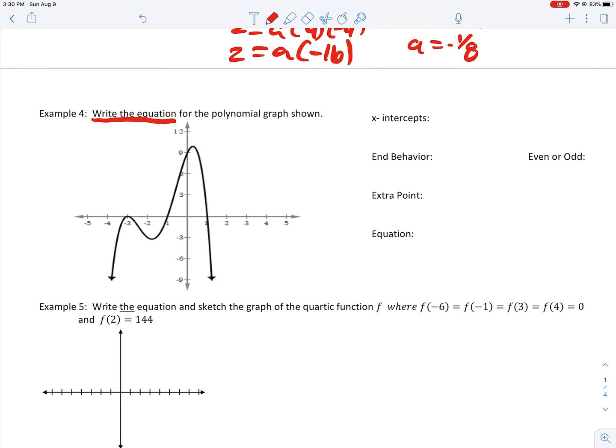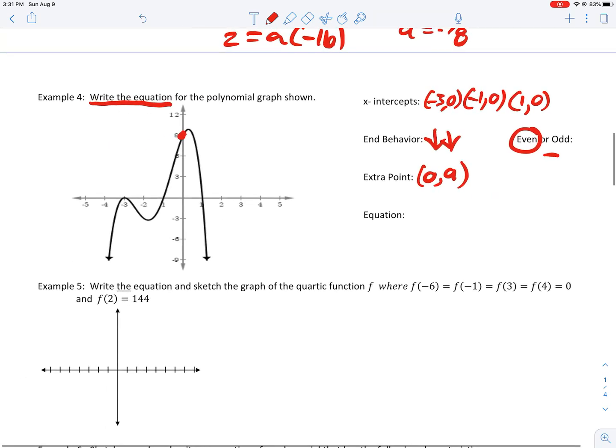So it has x-intercepts at negative 3, 0, negative 1, 0, and at 1, 0. It's low to low, so that means it's even and negative. And the extra point, I'm going to use the y-intercept up there at 0, 9.